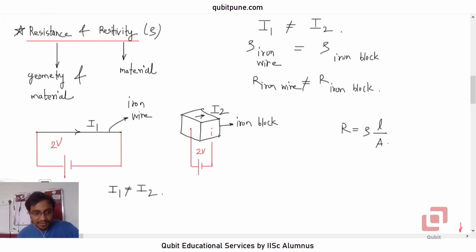So in this case L1 will be this much, and L2 will be this much. Understood what L1 and L2 are, what basically L represents? L represents the length along which the current flows. Is that clear?